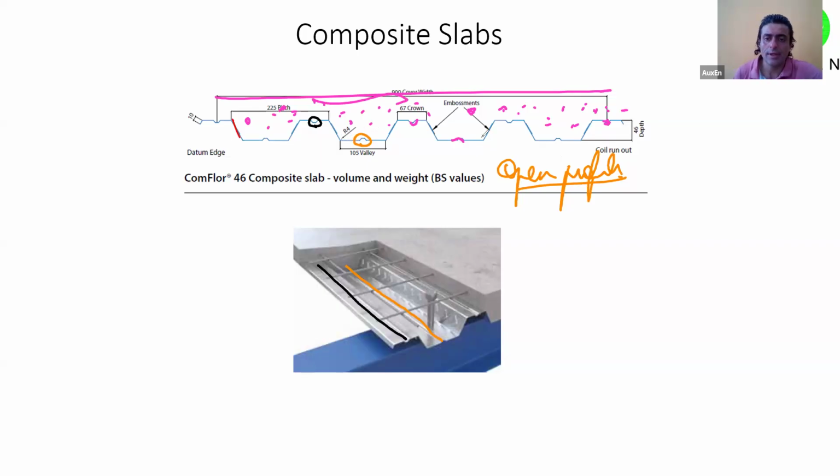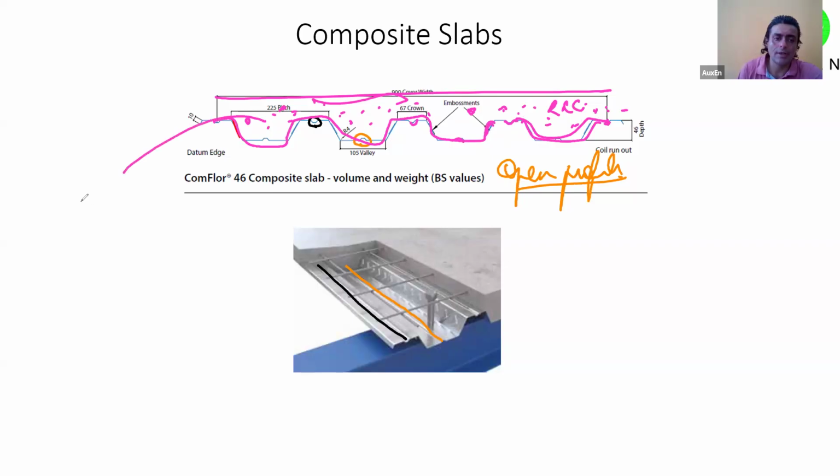To attain composite action between the concrete and the metal deck, we rely on these embossments, these patterns, the very shape of the metal deck. We rely on all these things to help us achieve composite action. Are we clear?